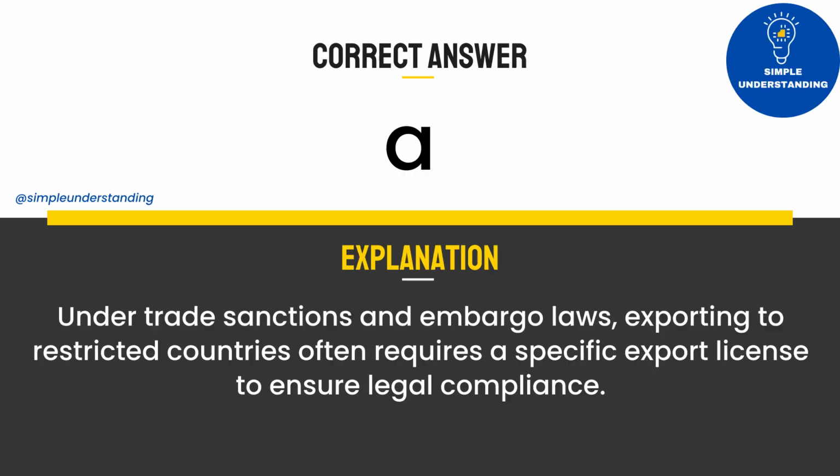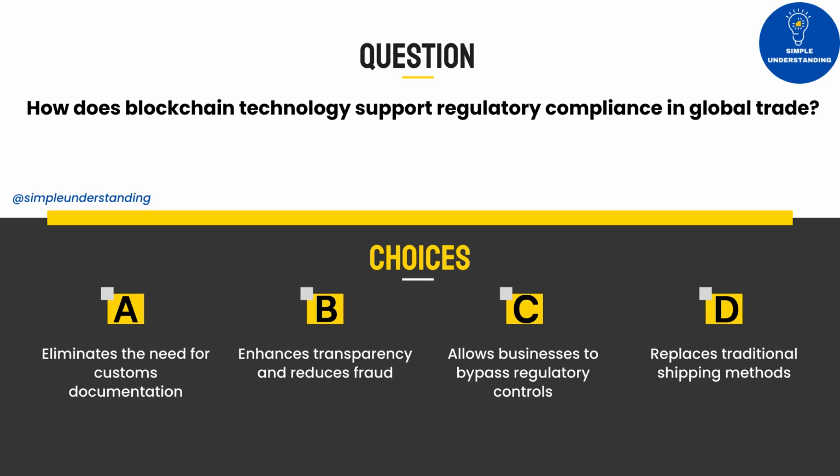Correct answer: A. Apply for a specific export license. Explanation: under trade sanctions and embargo laws, exporting to restricted countries often requires a specific export license to ensure legal compliance.